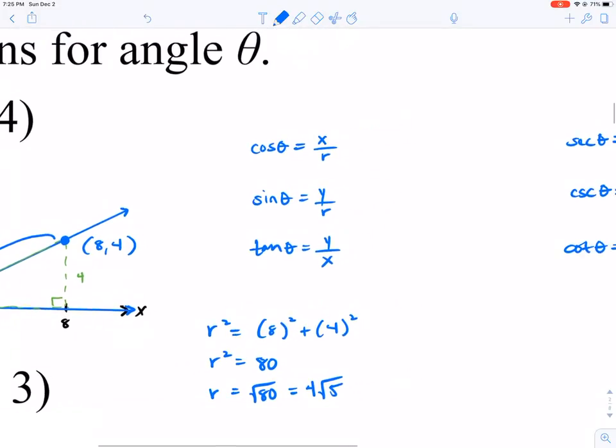Okay, so cosine is x over r. So that means cosine is 8 over 4 root 5, which we want to simplify. So that would be equal to 2 over root 5, where then if we rationalize by multiplying by root 5 over root 5, we get 2 root 5 over 5.